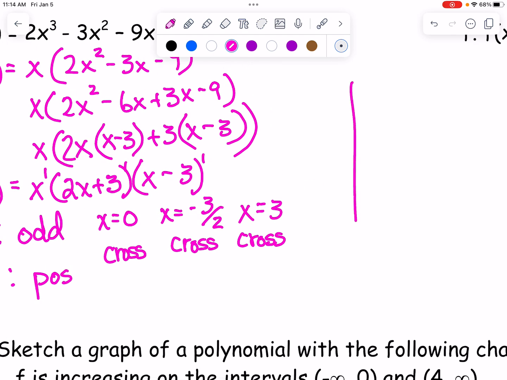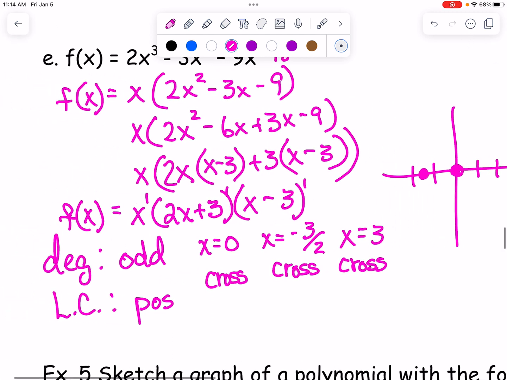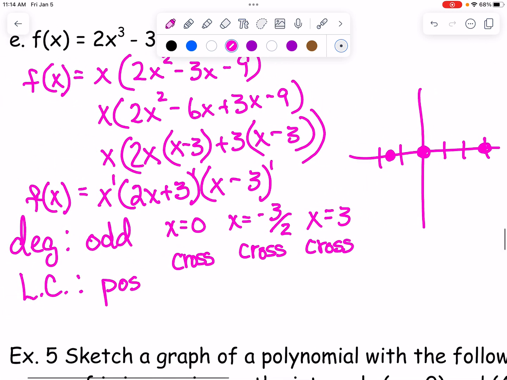So this would be 0, 3, -3/2. My graph is odd and positive, so that means it's going to start low and finish high. It's going to cross on all of these. And that's my answer.